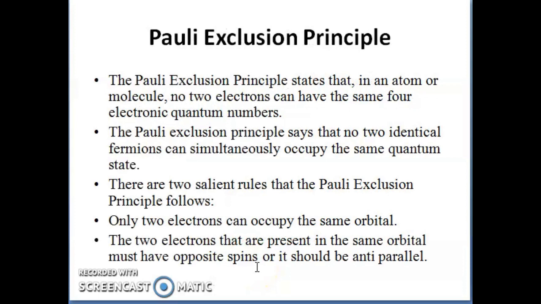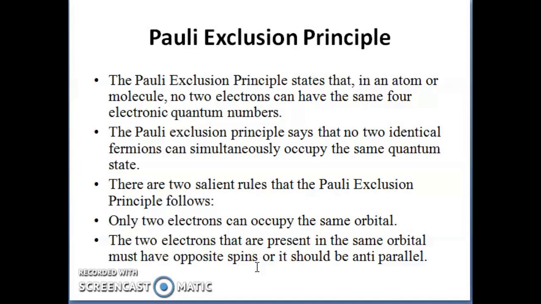And the next rule which we should have in mind is Pauli's exclusion principle. It says that in an atom or molecule, no two electrons can have the same four electronic quantum numbers.